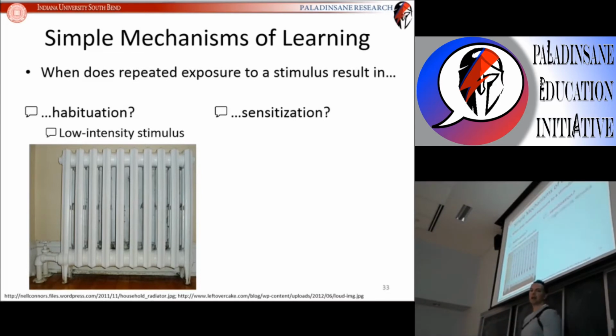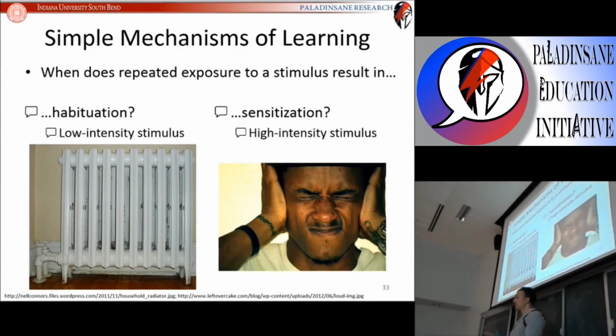On the other hand, a high intensity stimulus will tend to go through sensitization. So loud noises, construction outside, your neighbor playing music that's way too loud. Those are stimuli that you will sensitize to. Your response to them will increase over time.